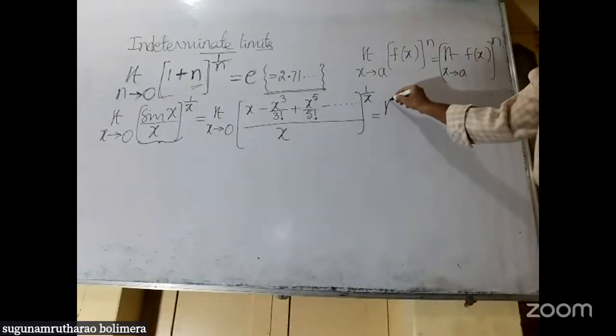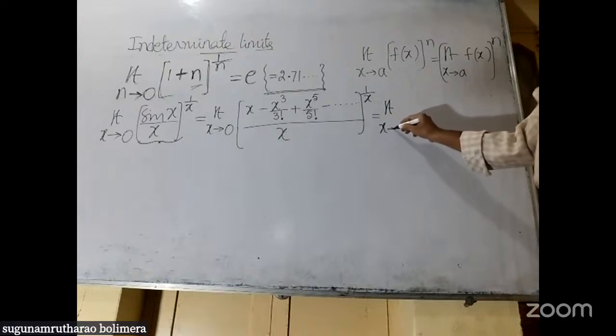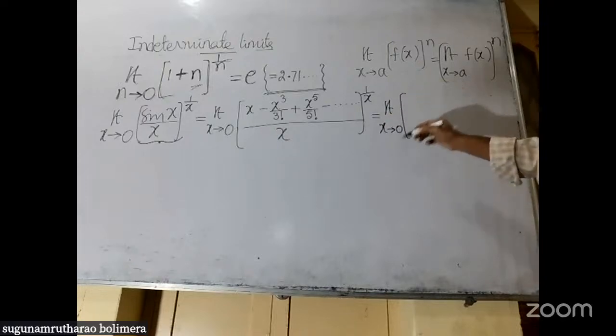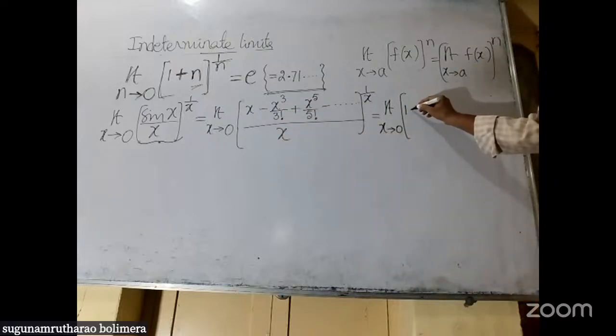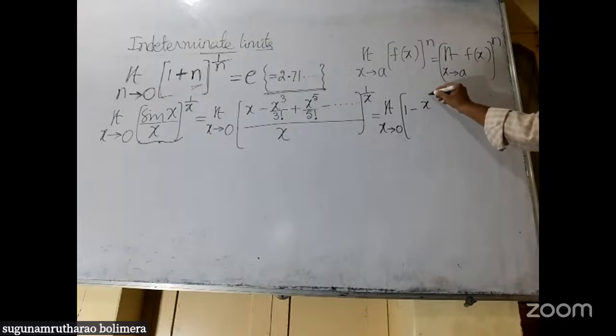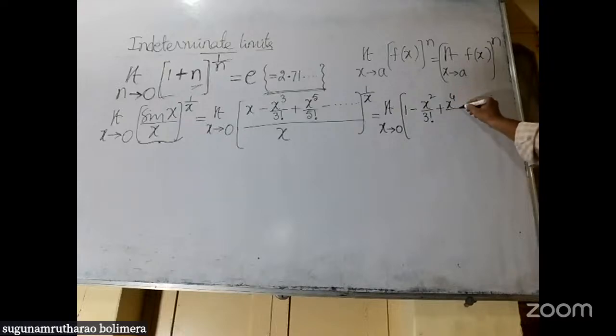So you get limit x tends to 0, 1 minus x squared by 3 factorial plus x power 4 by 5 factorial and so on, whole power 1 by x.